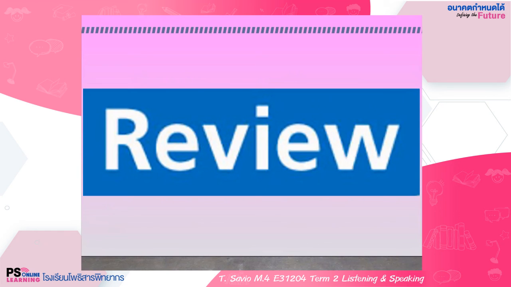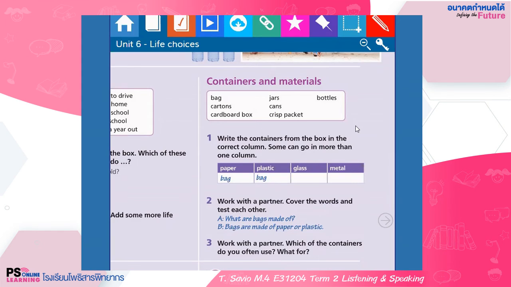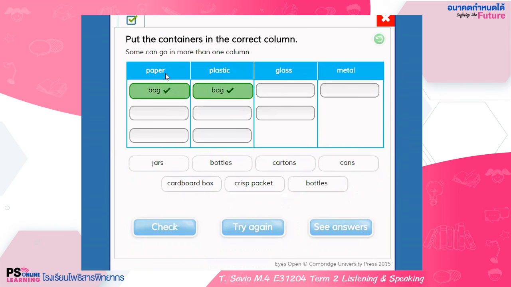Review. Containers and materials. Write the containers from the box in the correct column. Some can go in more than one column. Paper, plastic, glass, and metal.